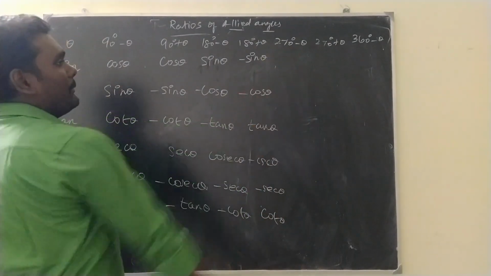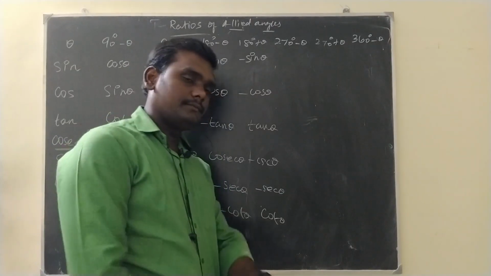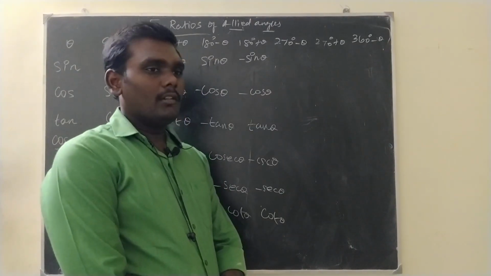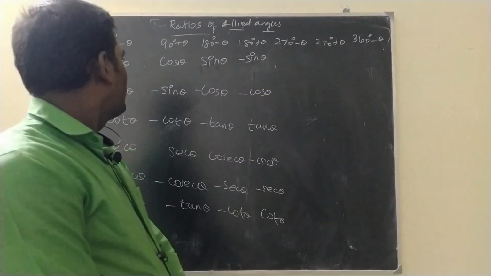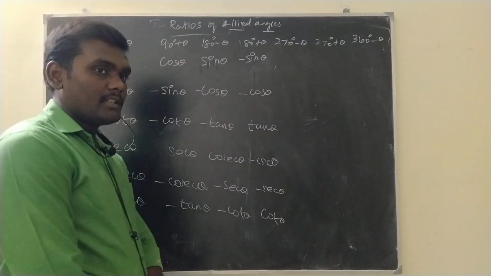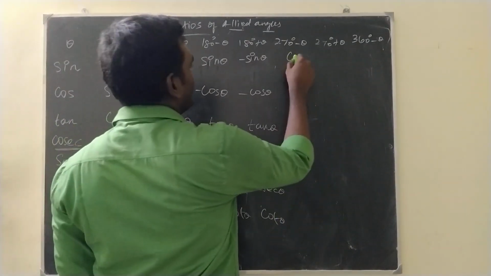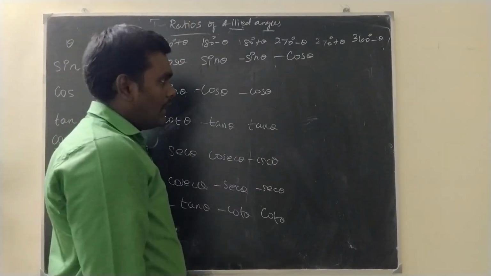Next, 270 degree minus theta. Change or no change? How will it change? Sign will change. Cos, positive or negative? Minus cos. Then answer, fill this row.